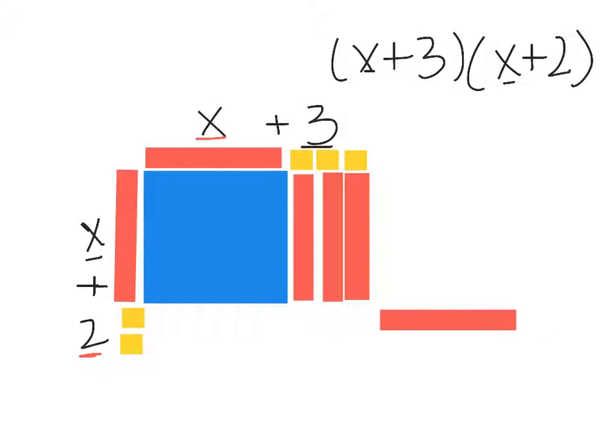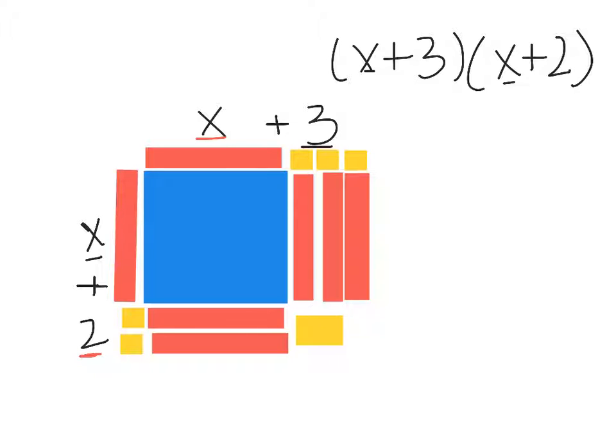So I have this one over here, move it over. And one more x gives me 2x. And then finally we're going to do 2 times 3, which is 6. So I'm just going to do a rectangle, but I'm going to break it up into 6 ones for us.